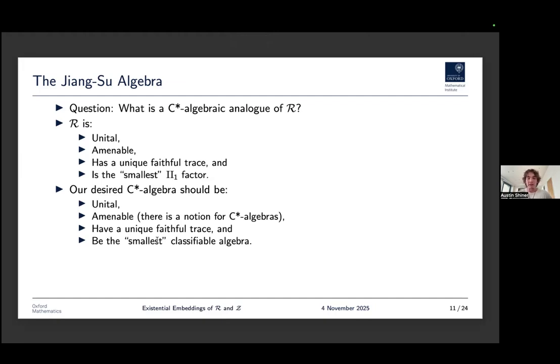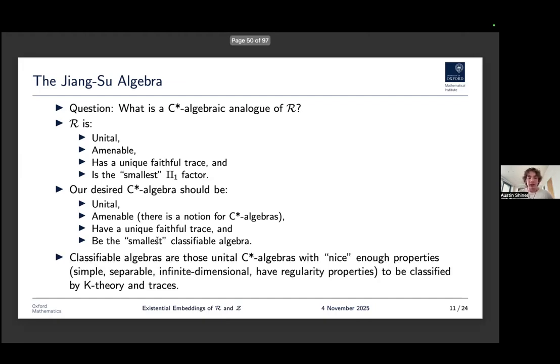Now, what is a classifiable algebra? Classifiable algebras are those unital C-star algebras with nice enough properties. So they're simple, separable, infinite dimensional, and they have some regularity properties. And importantly, they're classified entirely by K-theory and traces.